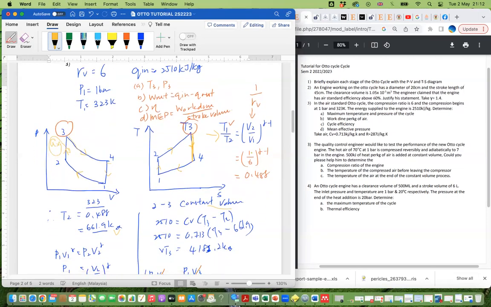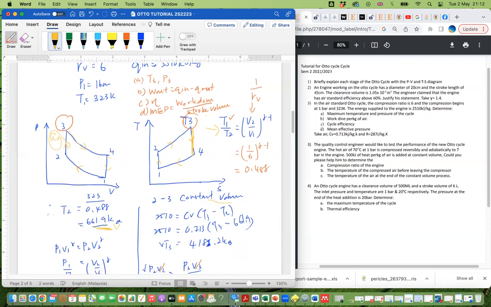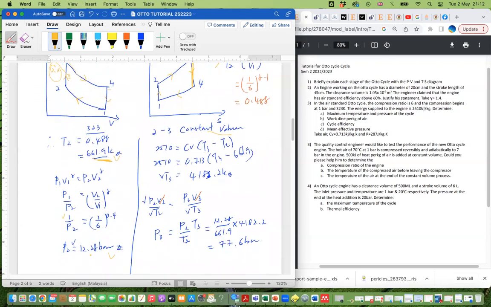Then plug in all the information and you can get your T2 here. Okay. And then we can also find the relationship P1 V1 to the power of gamma equals P2 V2 to the power of gamma, because this is isentropic, adiabatic.